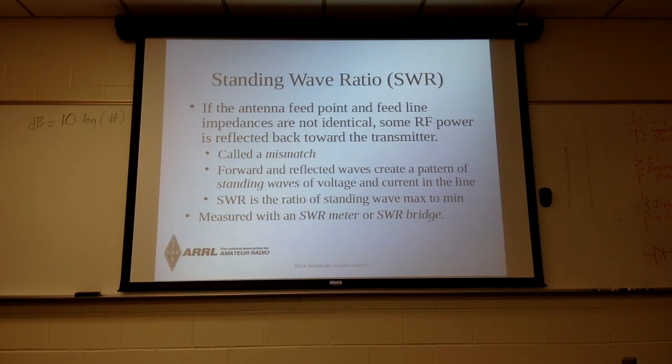Basically, here's what you need to know. 1 to 1 is a perfect match. That doesn't happen. Well, it can happen, but more commonly you'd see maybe 1.2, 1.3 to 1. 2 to 1 is still marginal. 3 to 1, 5 to 1, 10 to 1, those are really bad matches, and you probably need to do something about it, like get an antenna tuner.